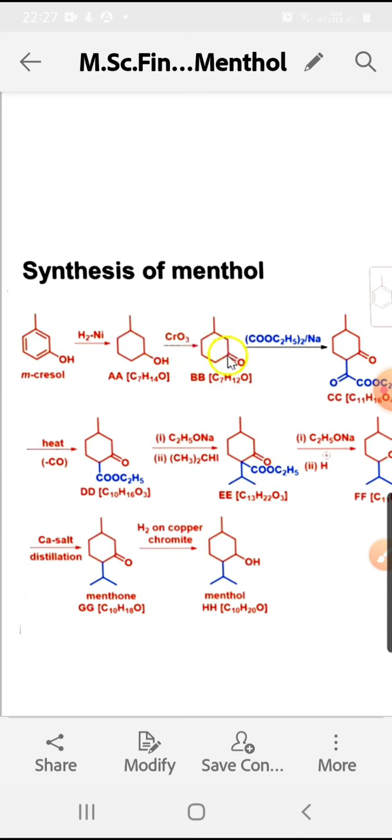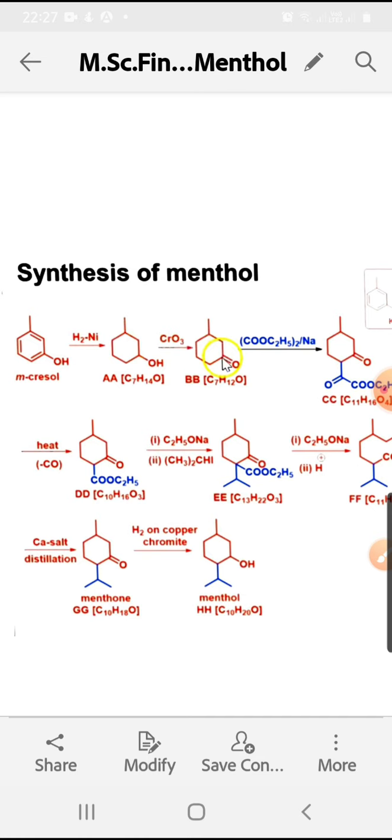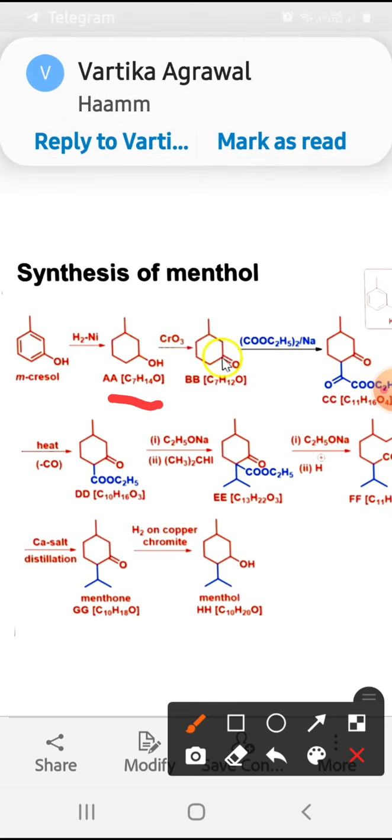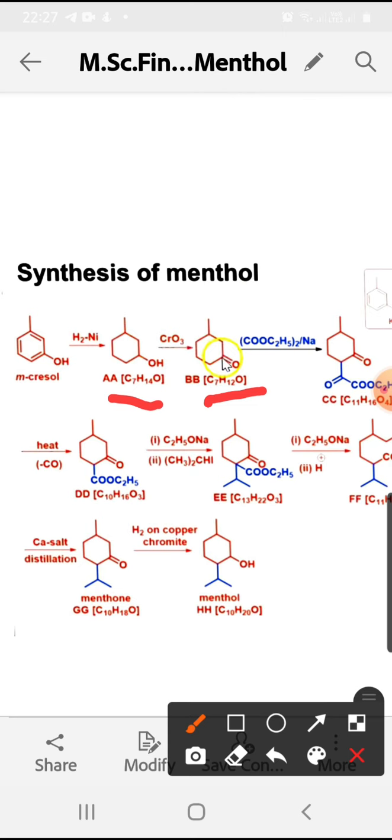In the first step, metacresol on reduction gives 3-methyl cyclohexanol. This 3-methyl cyclohexanol on oxidation with chromic acid forms 3-methyl cyclohexanone. In the next step, we have to introduce the isopropyl group.